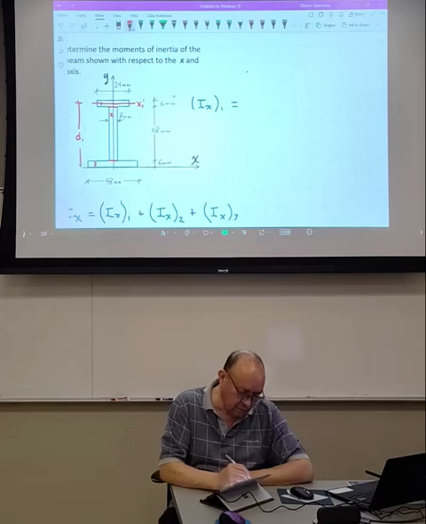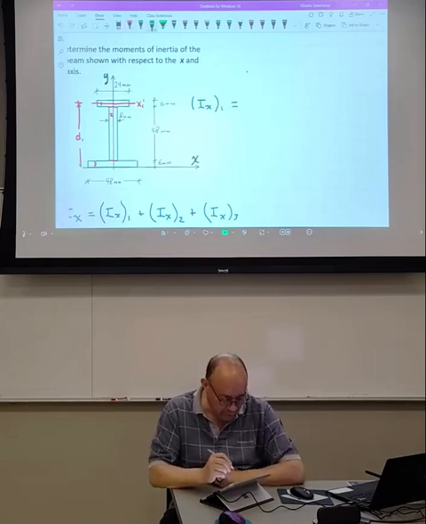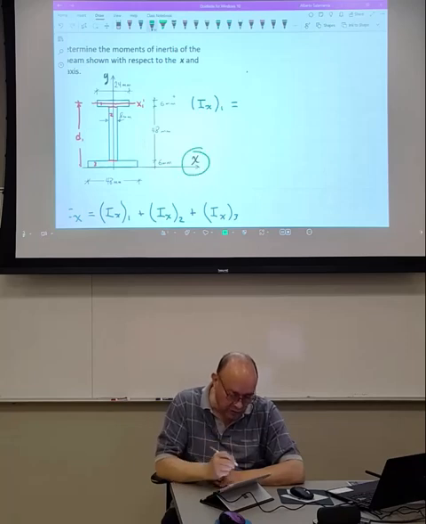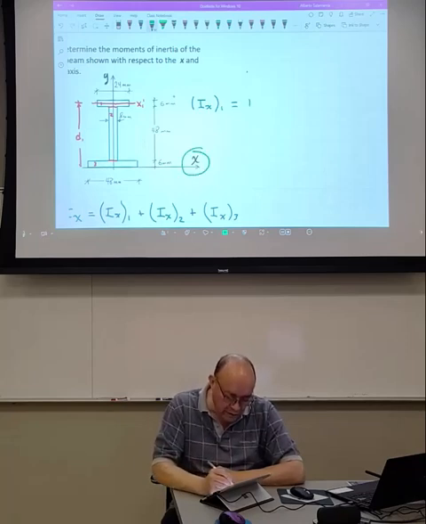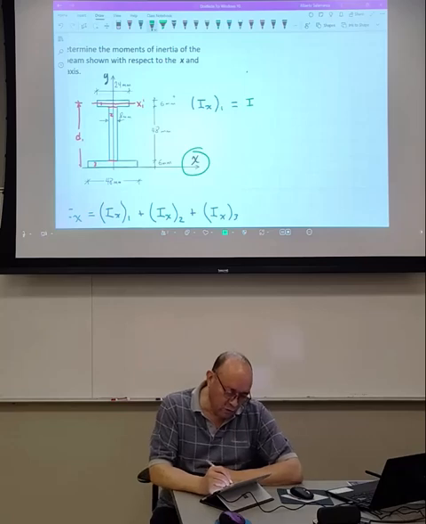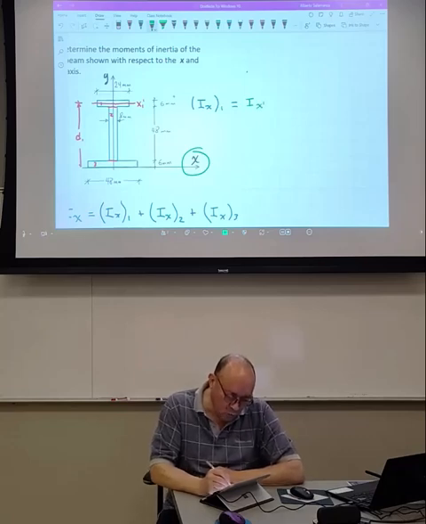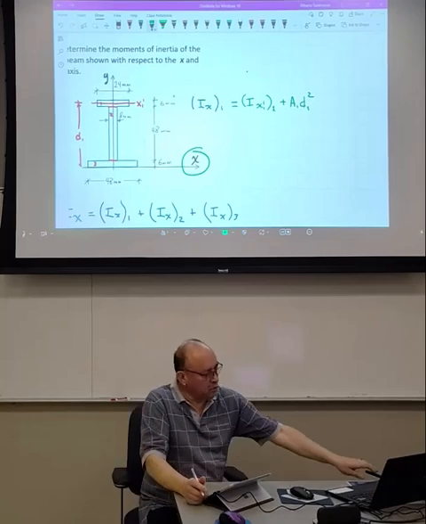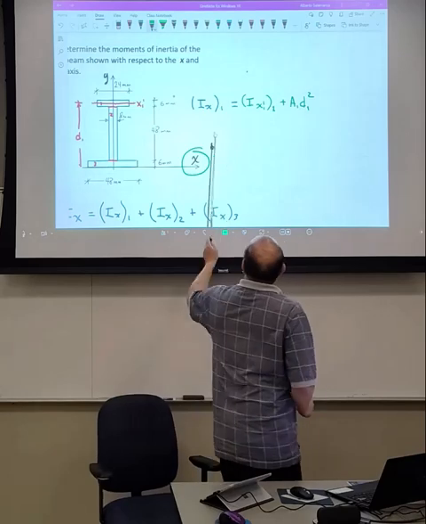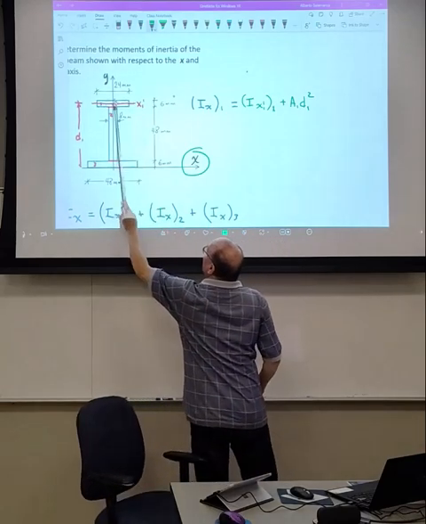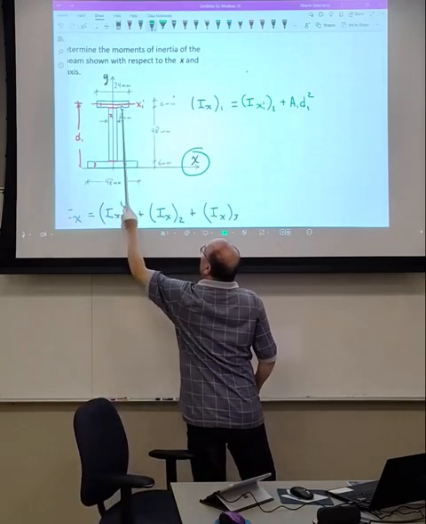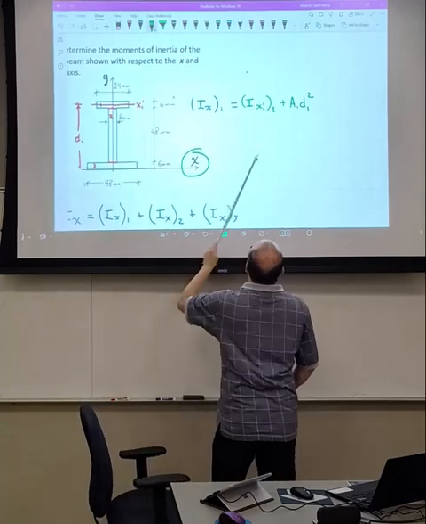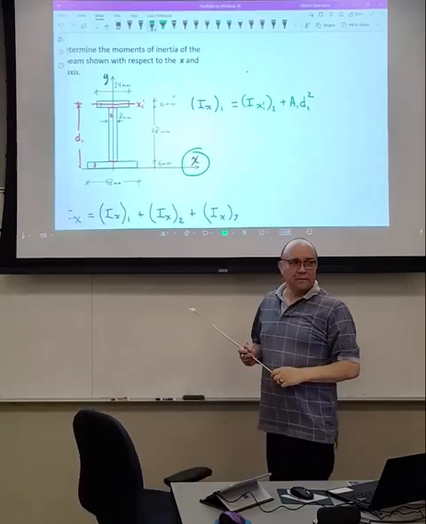Then the moment of inertia with respect to the x-axis of figure 1 is the moment of inertia of figure 1 with respect to x1 prime plus area 1 times d1 squared. So what I'm doing is calculating the moment of inertia of this little rectangle with respect to its own centroidal axis, and then moving it down to this axis by adding Ad squared. Okay? Clear?